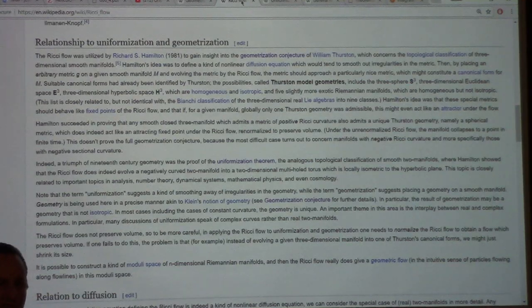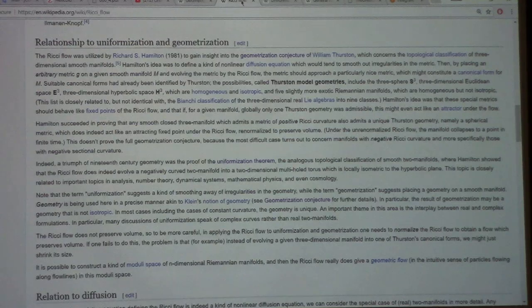So that was the hope. Kind of like you have water going down a hill and there's like 8 drains. It has to eventually go into one of those 8. So the program was to prove that that actually happens after Thurston made this conjecture. People were trying to prove this for a long time.